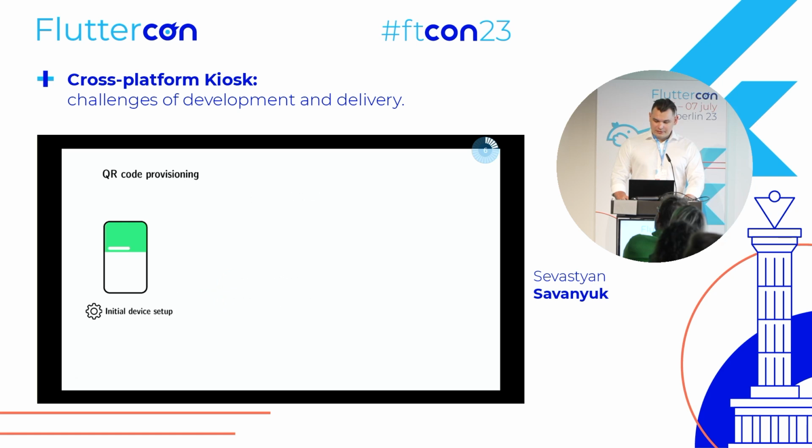So let me describe how QR code provisioning works. In order to provision a device for device management with the QR code provision method, you need to hook into the system setup process, get it to download your device policy control application or your Kiosk app, and then whitelist yourself, basically. So it's easy.